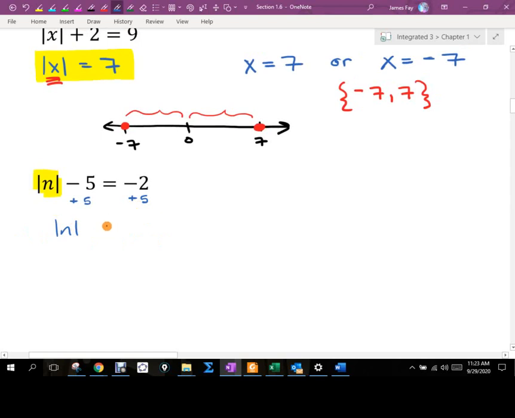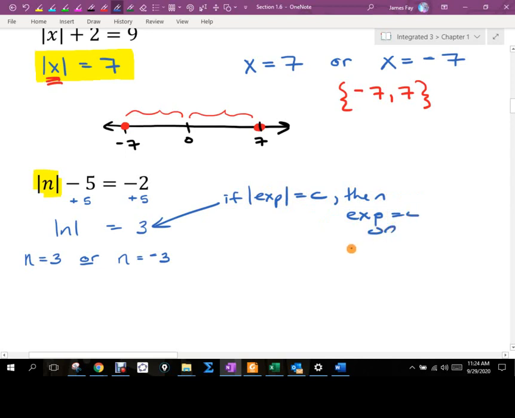So if the absolute value of n is equal to 3, now that matches what our rule was. Once I have the absolute value isolated, I can say n equals 3 or n equals the opposite of this number, so the opposite of 3. At that stage, that matches the rule: if the absolute value of an expression equals c, then we can take the expression equals c or the expression equals the opposite of c.